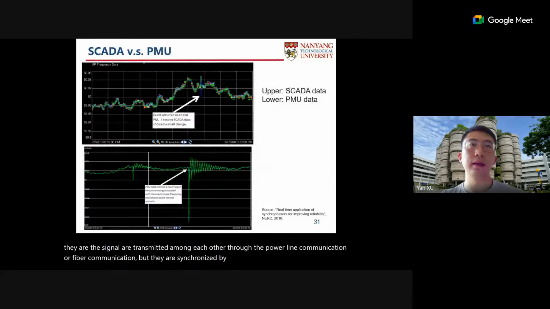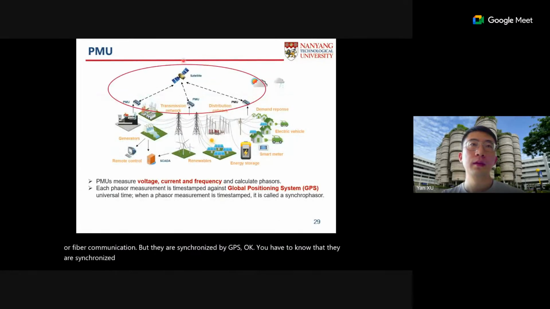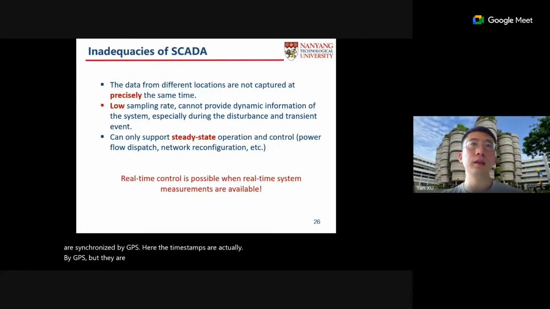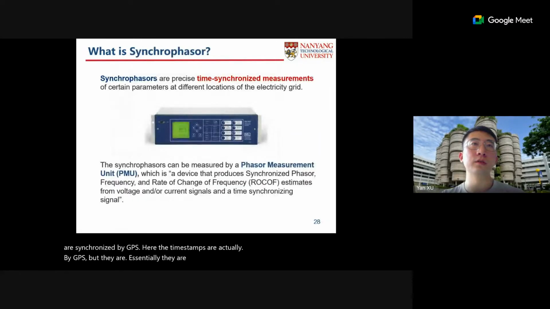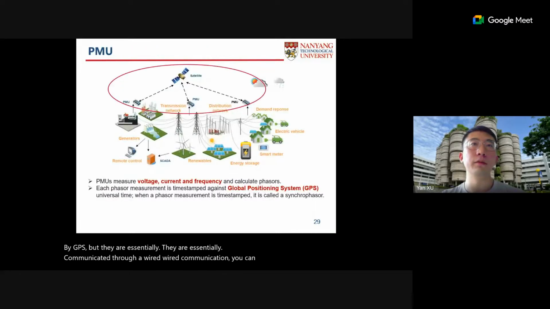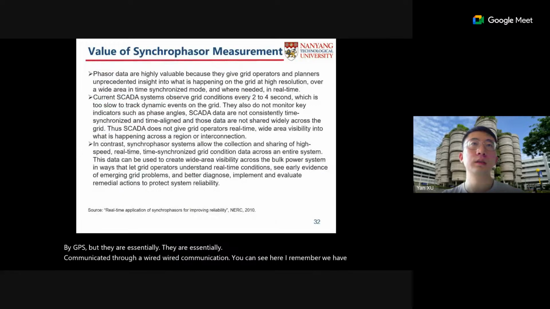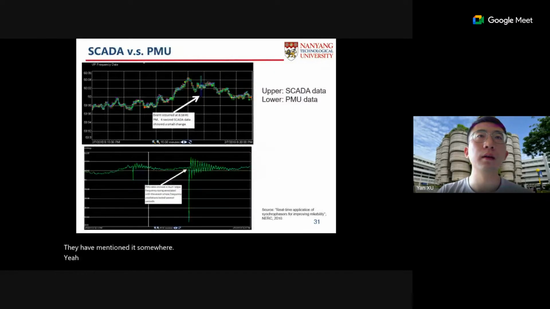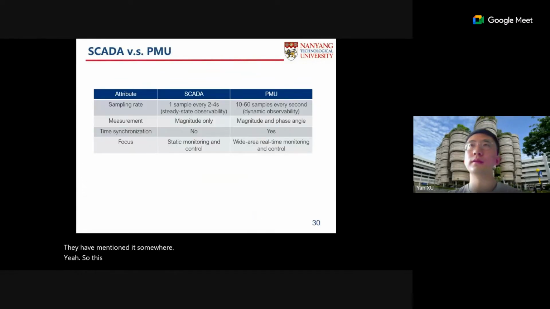You have to know that the timestamps are synchronized by GPS, but they are essentially communicated through wired communication. I remember we mentioned it somewhere. Yes, the PMU measurement is communicated with wired communication.